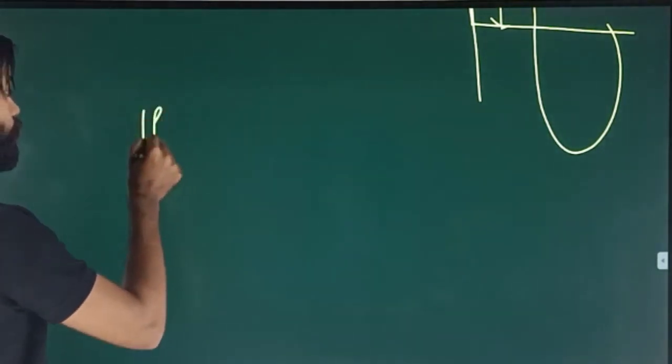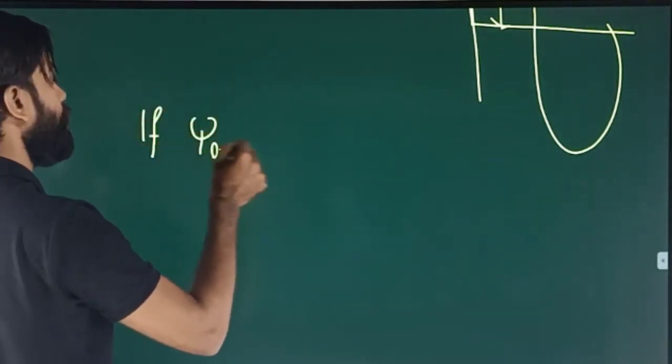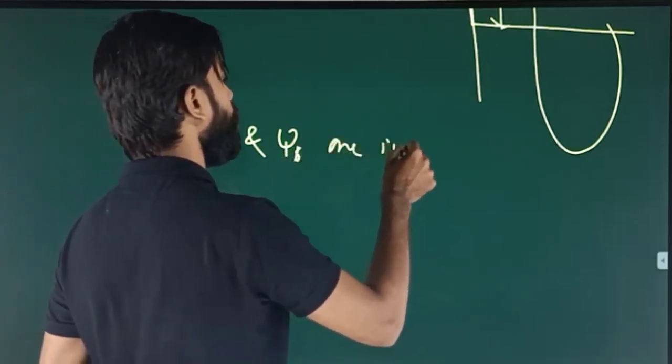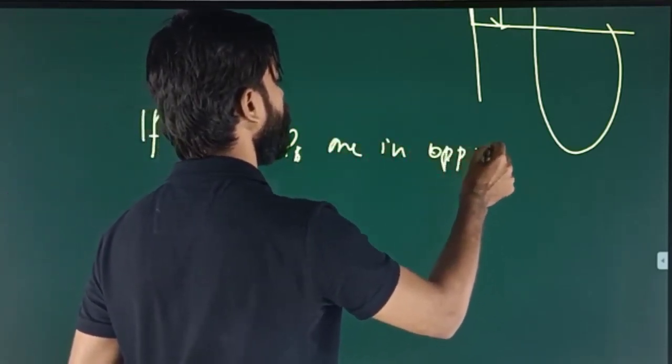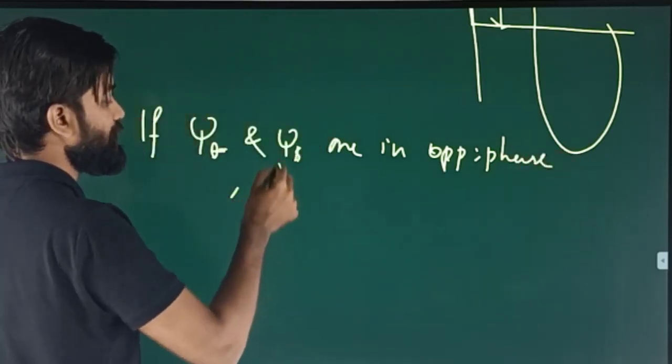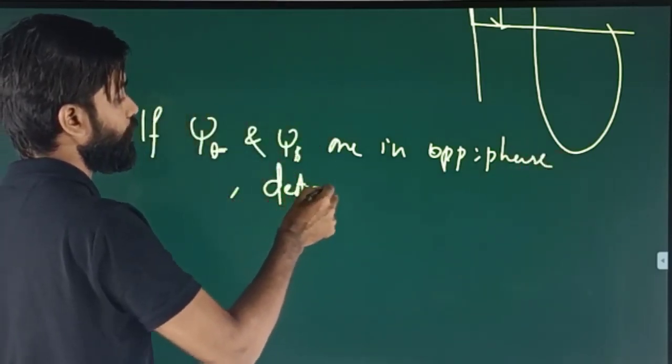Okay, like that. There is one more chance. If psi A and psi B are in opposite phase, then they constitute a destructive interference.